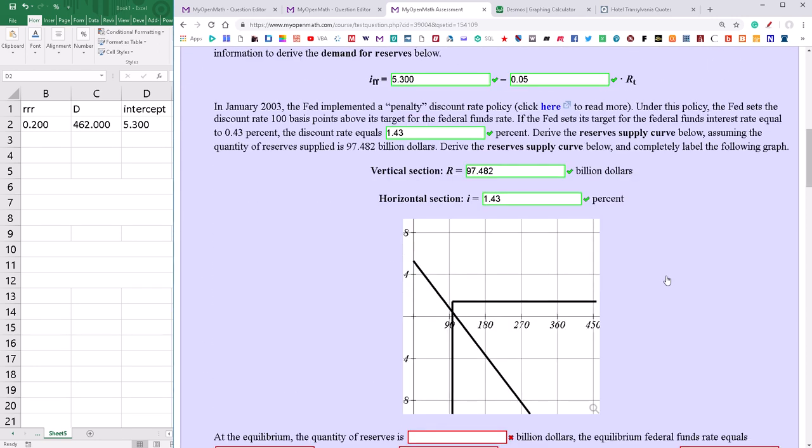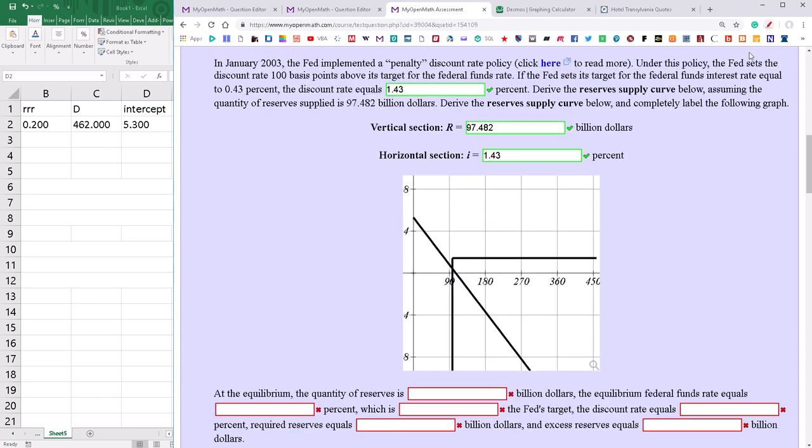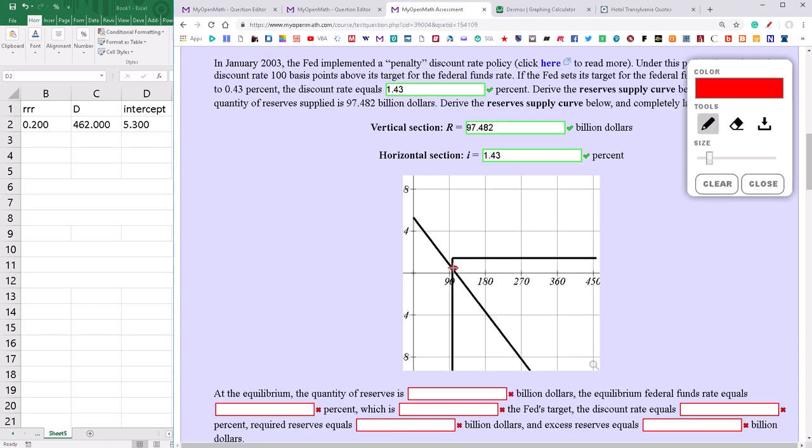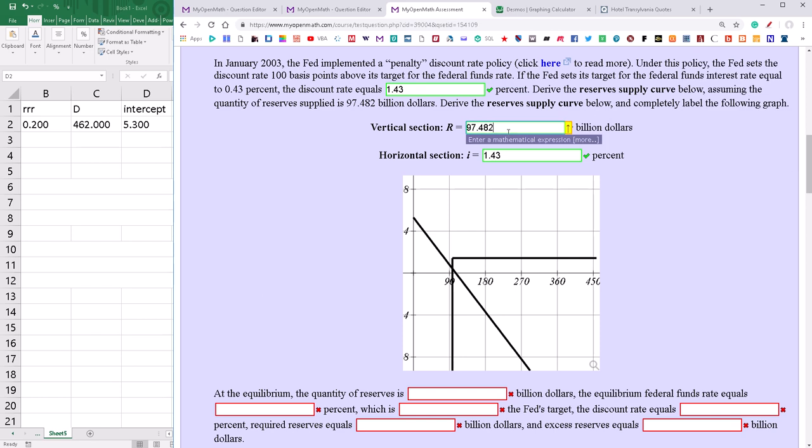Okay, moving on. We want to know the equilibrium quantity of reserves. Because the demand curve crosses the vertical section of the supply curve, the equilibrium quantity of reserves is just whatever reserves are.